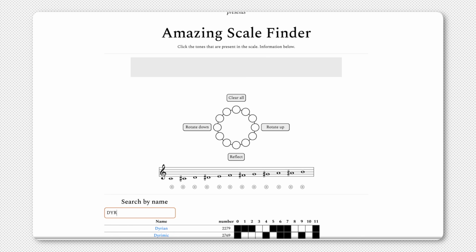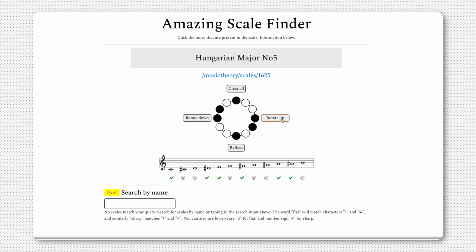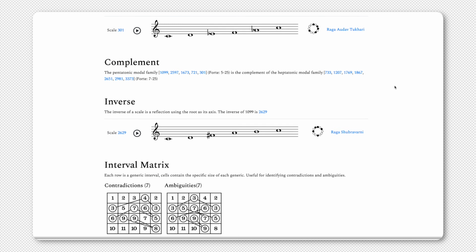And you can use the scale finder on there or just choose any of the 12 notes to create a funky scale. And there's a ton of information on many of these thousands of scales that you can just delve in for hours. I actually used this website to write one of my own pieces called Lullaby in Venus, and it uses one of the funkiest scales that I could find on there.